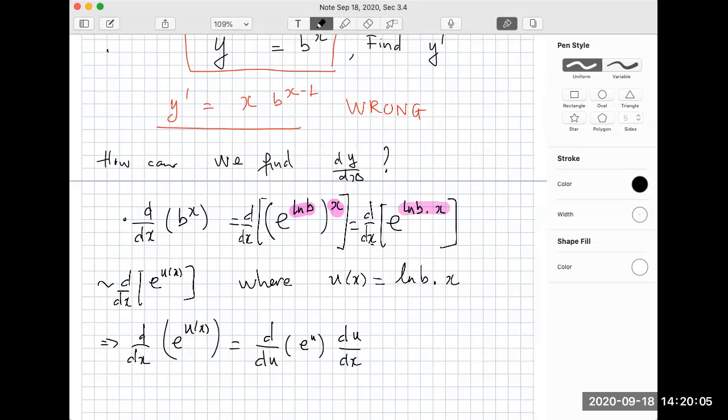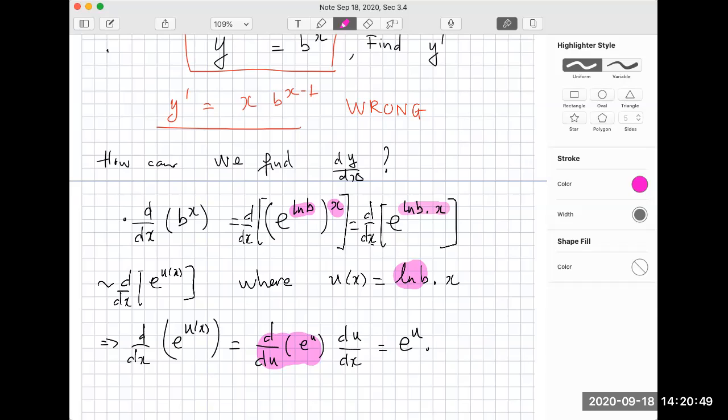The derivative d over du of e to the u is e to the u, and then u prime. You see that ln of b is simply a number. b is a number, ln of b is another number.